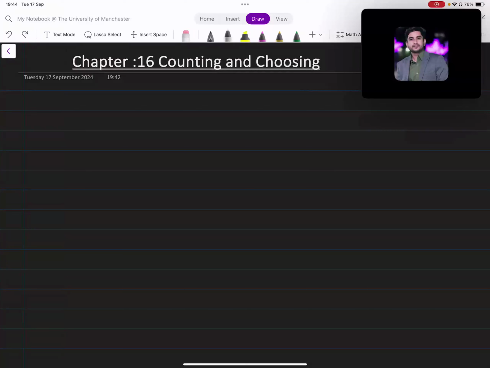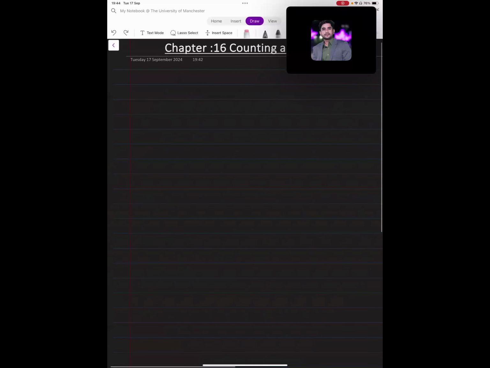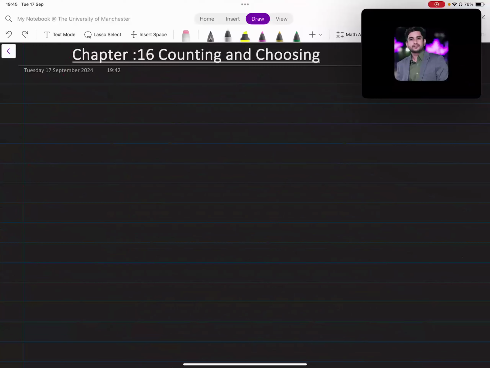Okay, so previously we have discussed RSA codes in chapter 15. Now we are going to talk about another interesting topic, counting and choosing.